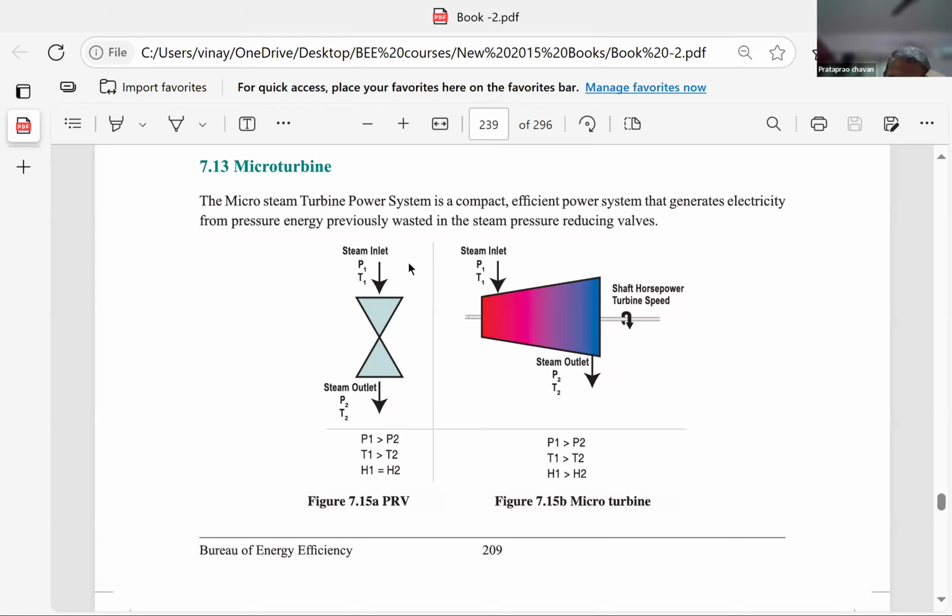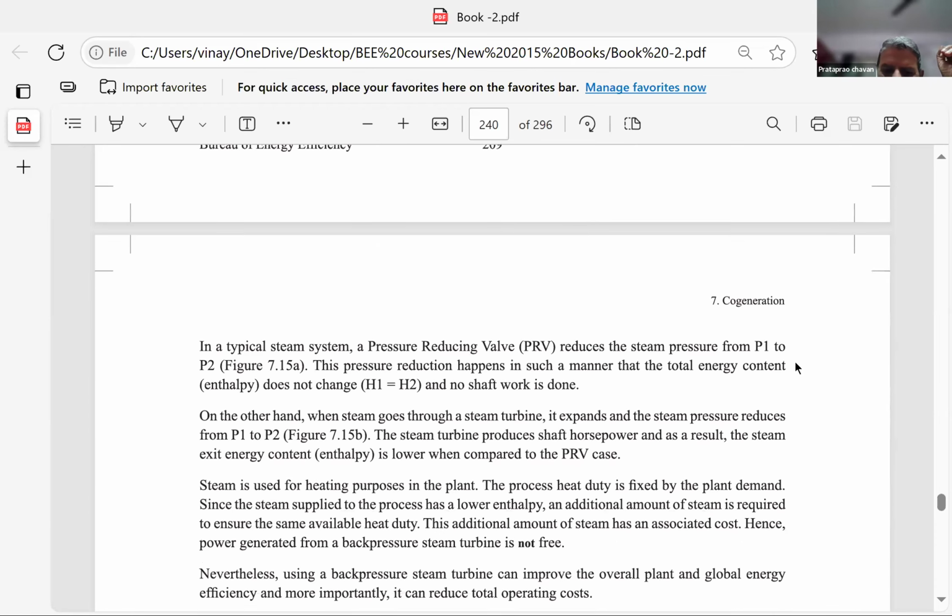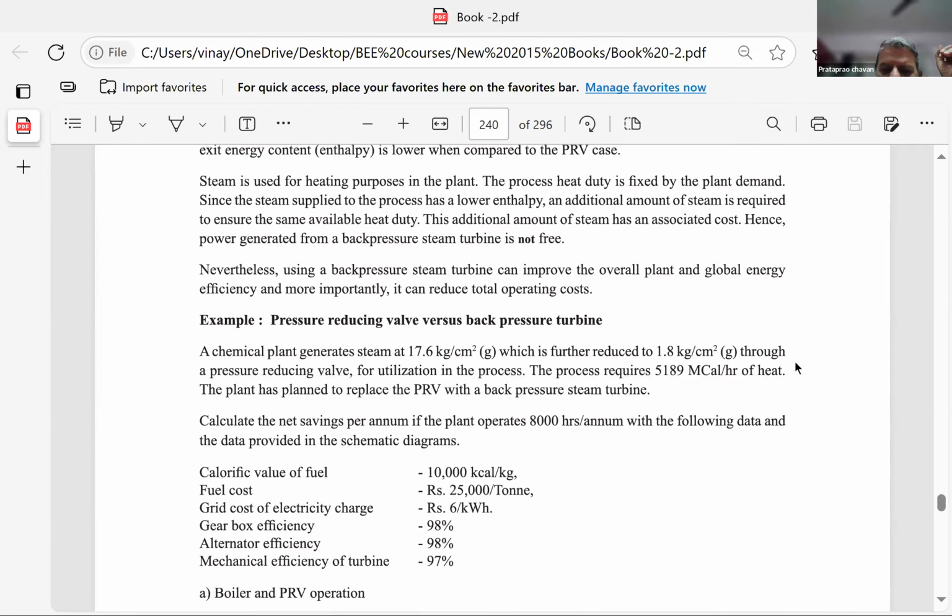That means you have recovered 3-4 kW from the work done by the PRV, which was not generating anything, but by putting a micro turbine, you can do that. That is the only advantage. It is used for small heat loss recovery somewhere in the processes. So smaller turbines are replacing the PRVs which were originally used.